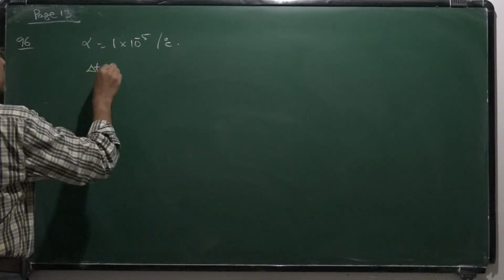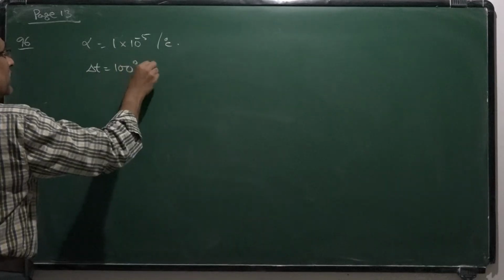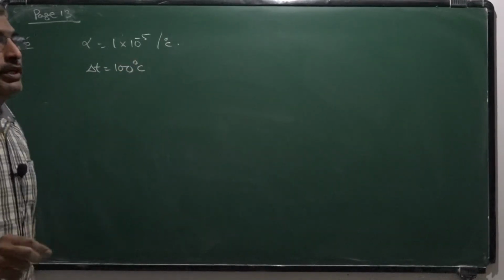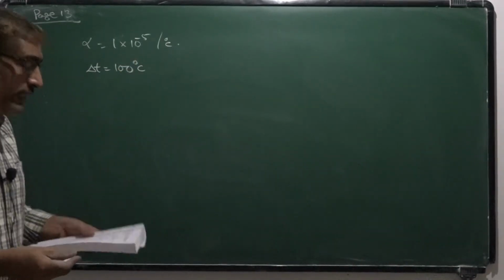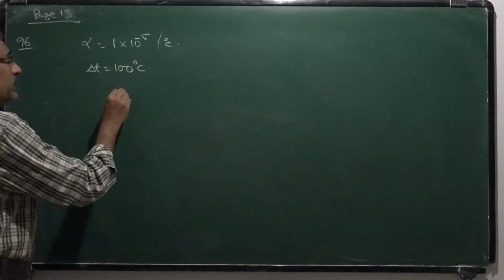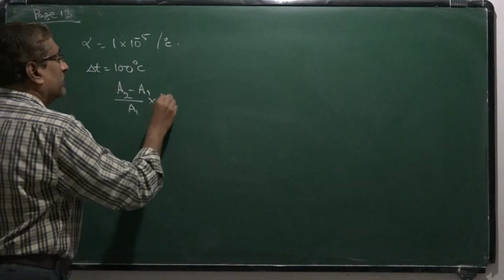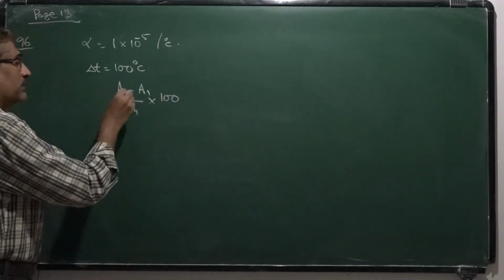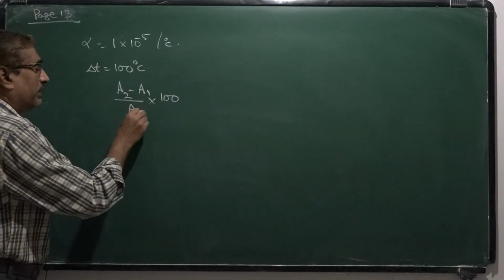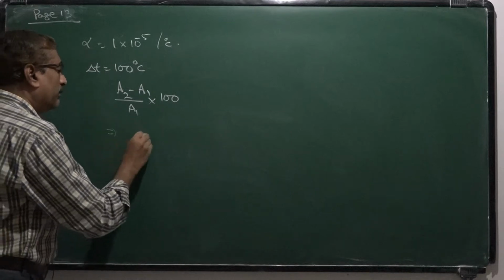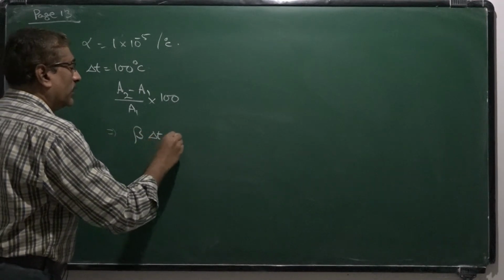So delta T is 100 degrees centigrade, given. You have to calculate the percentage change in area. Percentage change in area means change in area by initial area into 100. But actually (A2 minus A1) by A1 we can write as beta delta T into 100.